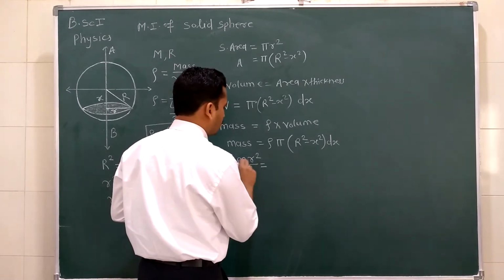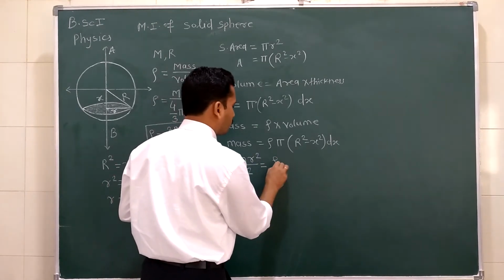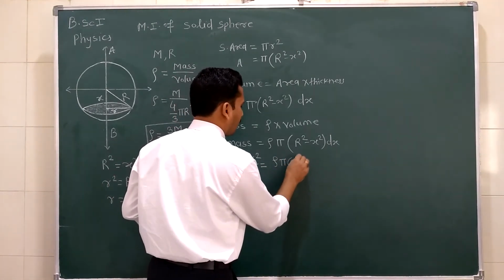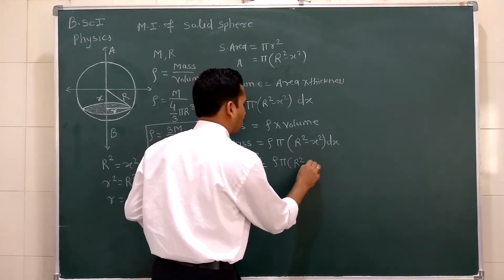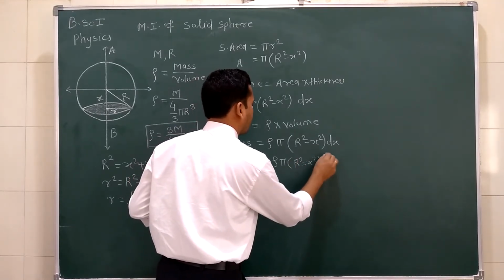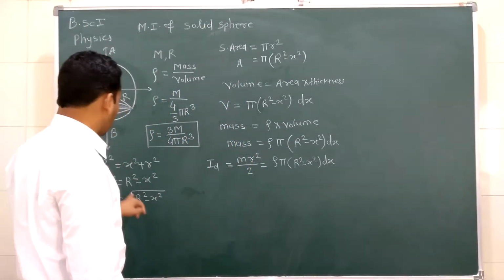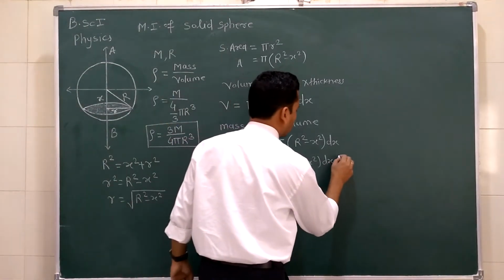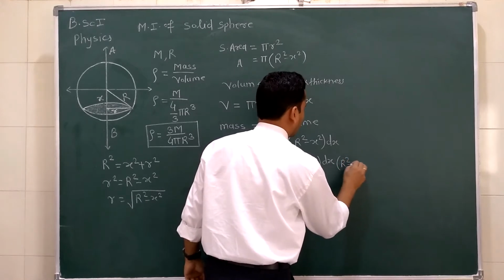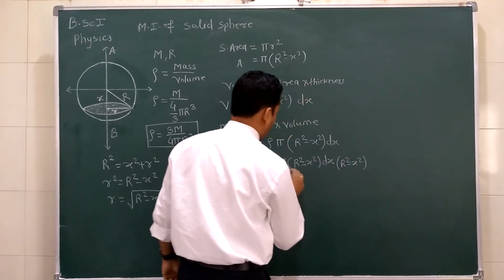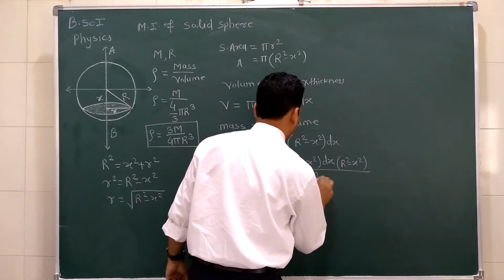So this m, the mass, is rho multiplied by pi multiplied by (R square minus x square) multiplied by dx, multiplied by r square, which is again (R square minus x square), and it is divided by 2.